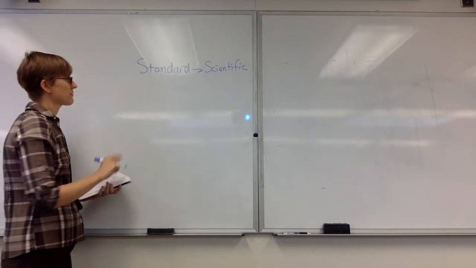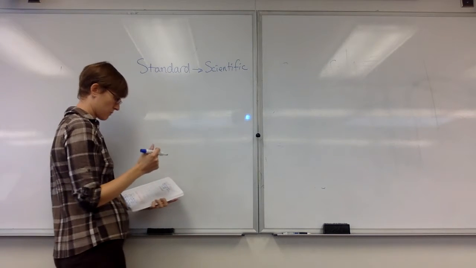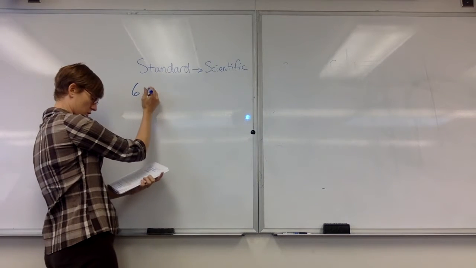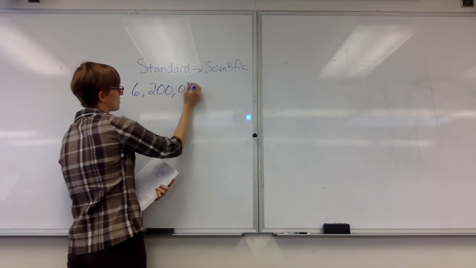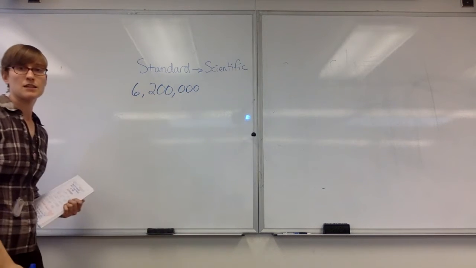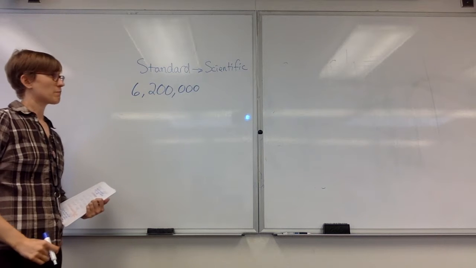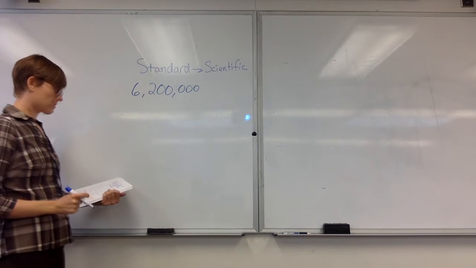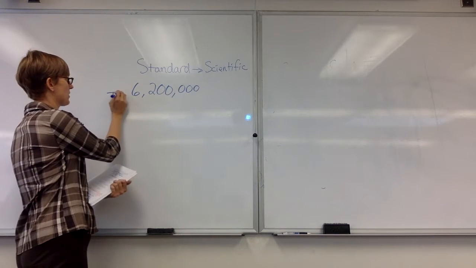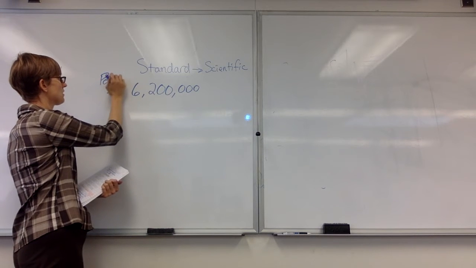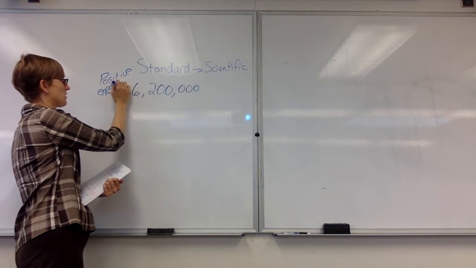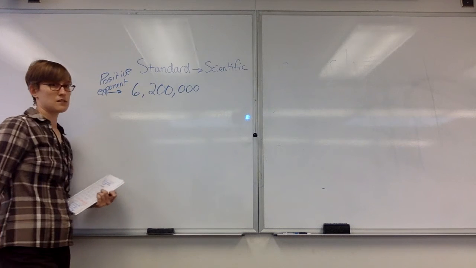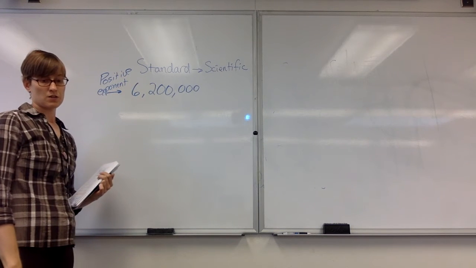So remember that if we have a positive exponent, we're talking about a really large number. So a number like 6,200,000 is a number that, when we make it into scientific notation, is going to have a positive exponent, because it's a number that's greater than 1.